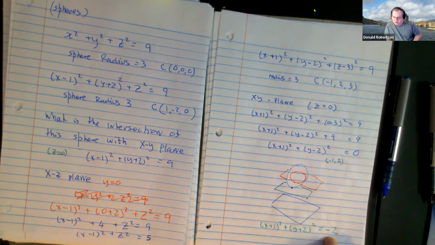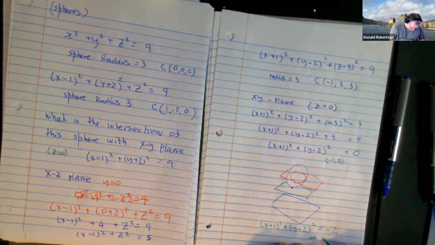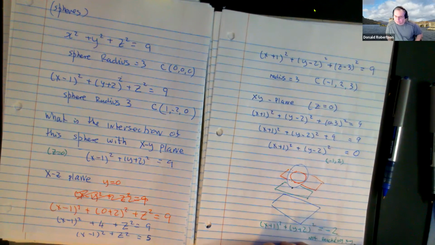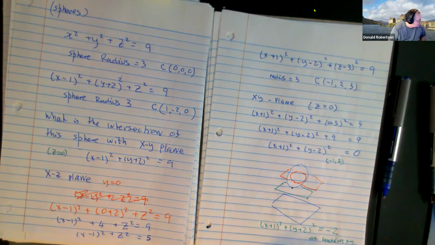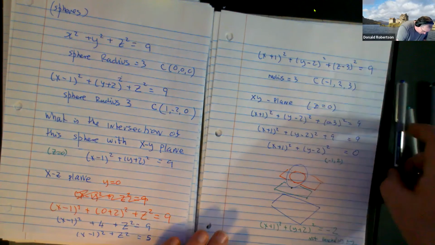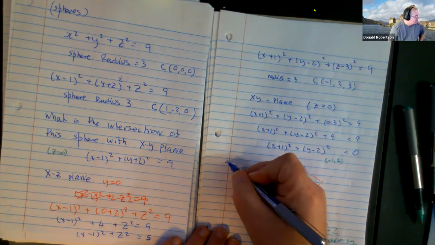Would you agree that circles don't have negative numbers here? So this would be interpreted as it's not reaching or not touching the XY plane. An example of what I just did there is question 9.